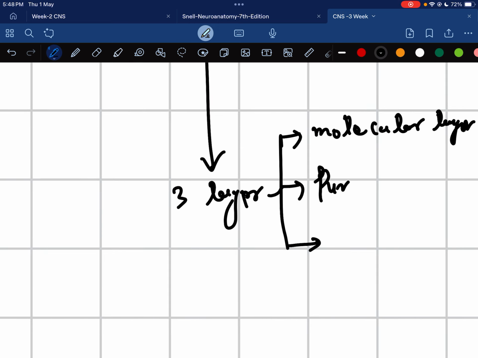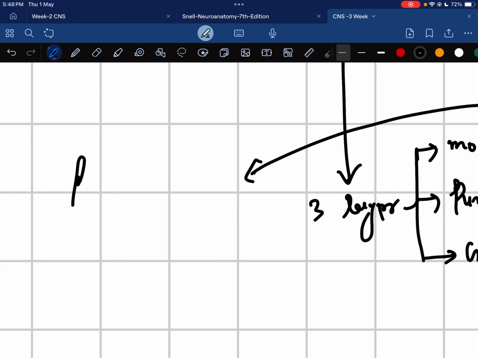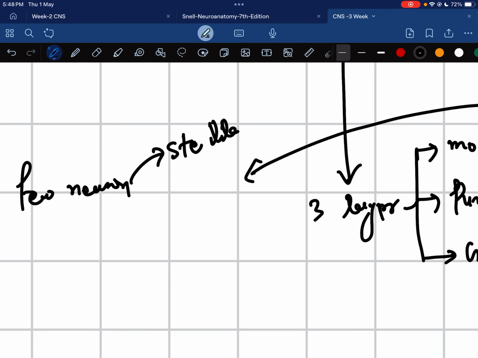In the molecular layer there are few neurons, like stellate and basket cells.